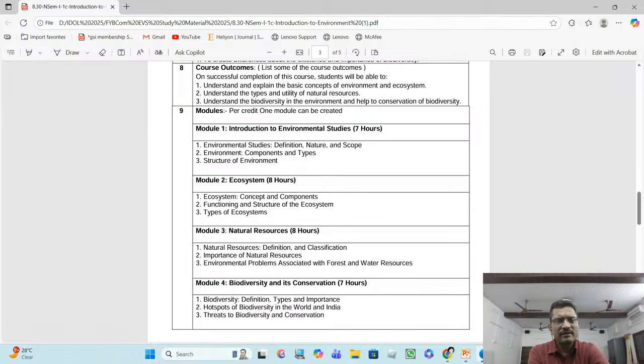We will start discussing this in the beginning of this particular topic, and we are going to discuss various classifications of resources. There are various bases of classification based on which we can classify resources into different types.